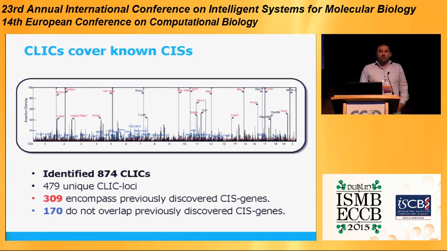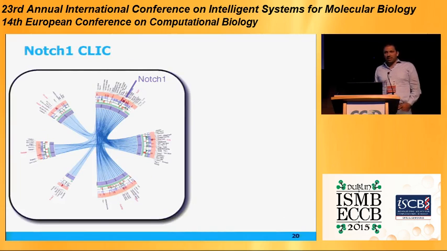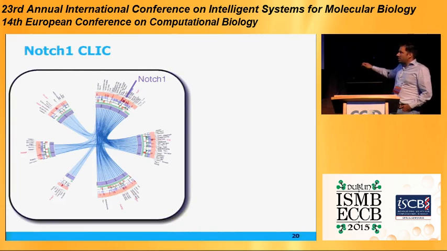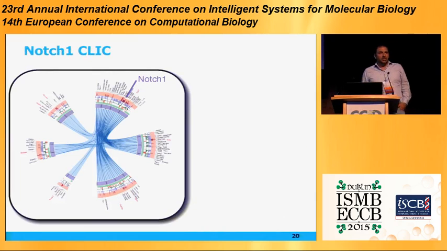So it's very interesting to consider these and look in their vicinity to see if there are any candidate cancer genes in the region itself, or whether they interact with a region that contains a gene that is interesting as a candidate cancer gene. This is one of the specific examples that came out of our study. This is the Notch1 locus, which contains the Notch1 gene, and Notch signaling is very important in these hematopoietic neoplasms.